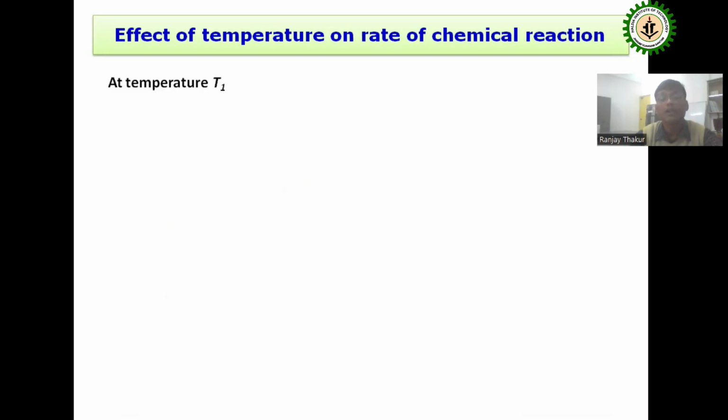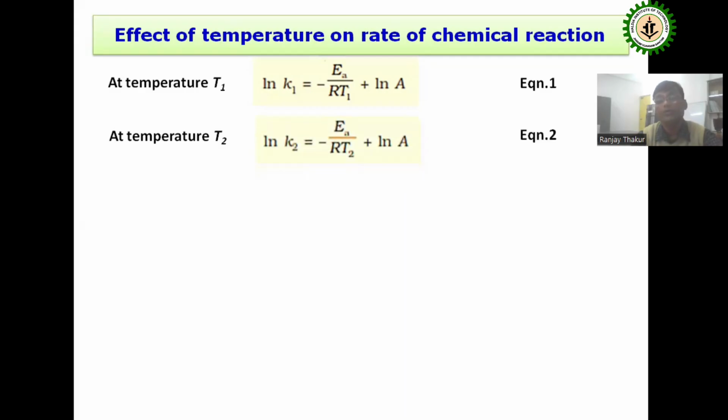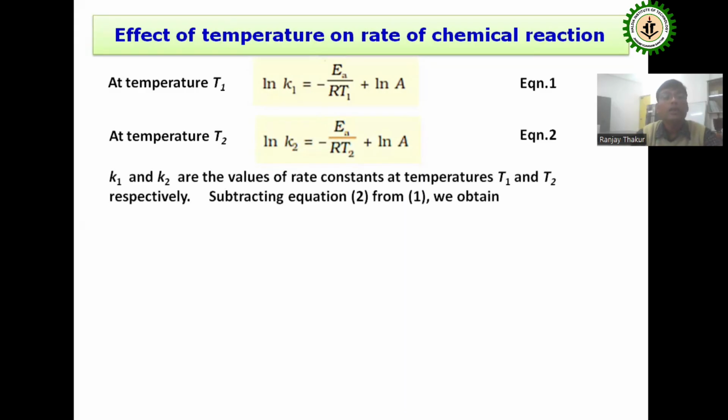Suppose at temperature T1 the rate constant is K1, then the equation becomes ln K1 equal to minus EA by RT1 plus ln A, equation 1. At temperature T2, if T2 is greater than T1, then ln K2 equal to minus EA by RT2 plus ln A, equation 2, where K1 and K2 are the rate constants at temperatures T1 and T2 respectively.